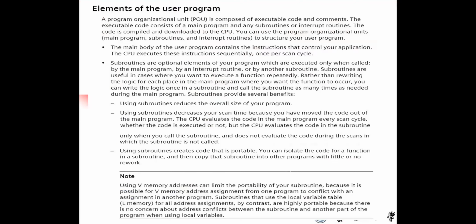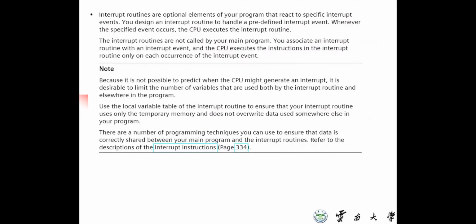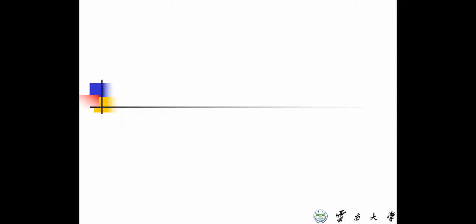What? Could you please allow us to record the class? Can you tell me again? Say again. Could you please allow us to record the class? I want to record this class. Yes, I will record. I will record. I have a record.